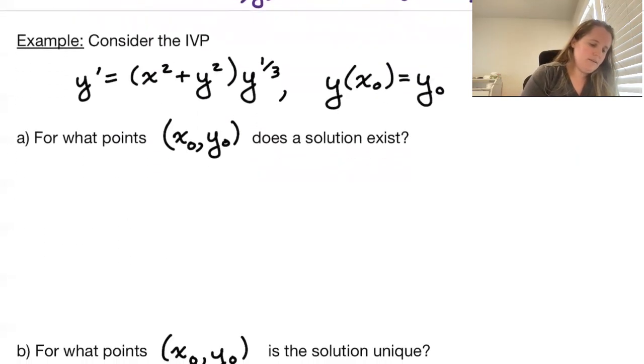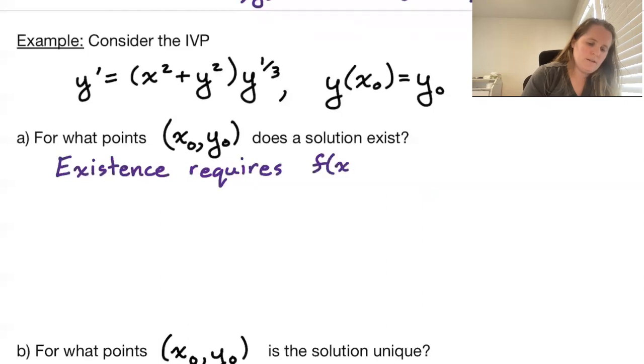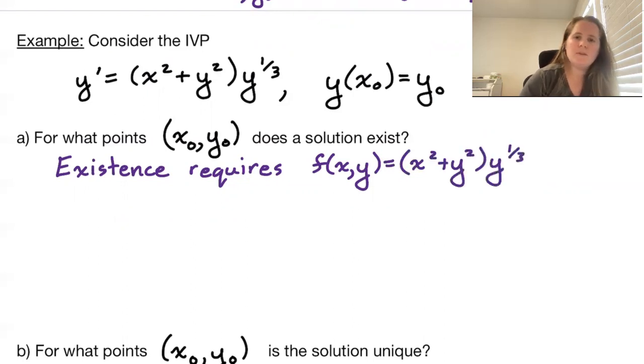Once again, existence just requires f of x, y, which in this case is x squared plus y squared, whole thing multiplied by y to the 1/3, to be continuous.